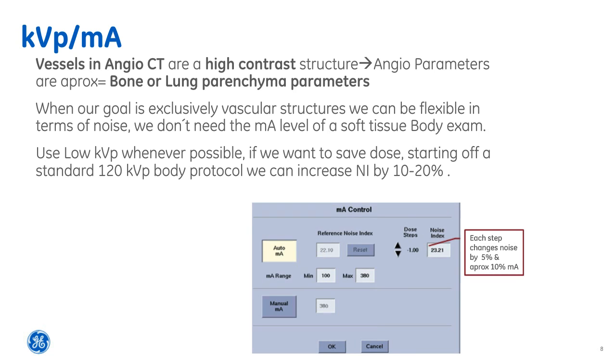The way that we do that is we use our dose steps in our mA control box, and every time we increase the noise, so that's a downward click, what we're doing is increasing the noise by decreasing the dose. It gives us a 5% saving. So 2 clicks is going to give us approximately a 10% saving of dose.